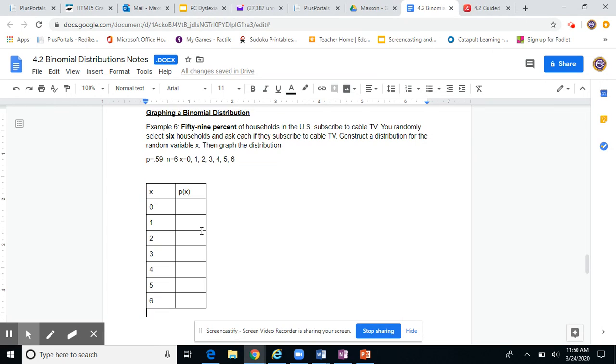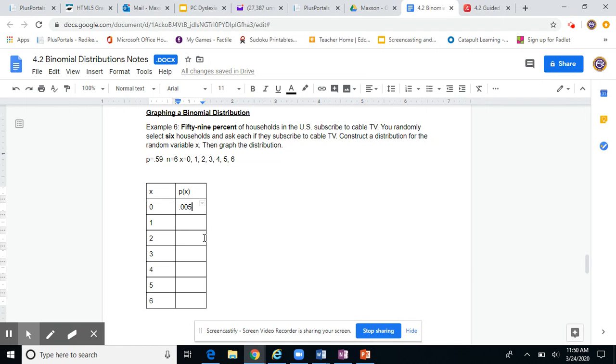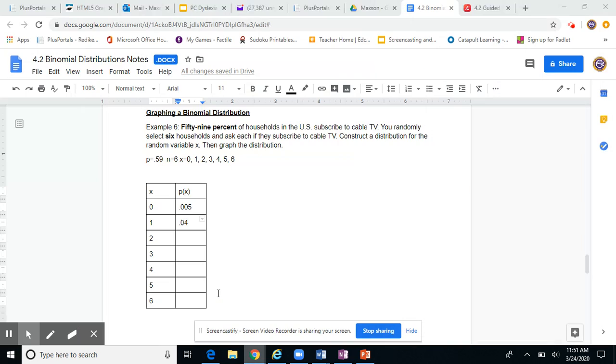0.0047, so 0.005. For 1, we get 0.041, so 0.04. For 2, we get 0.147, so 0.15.